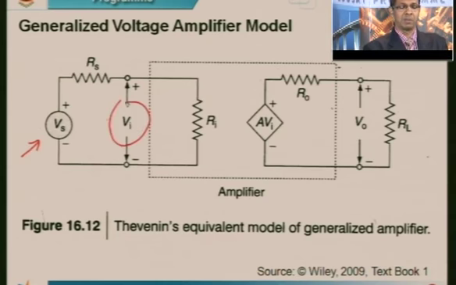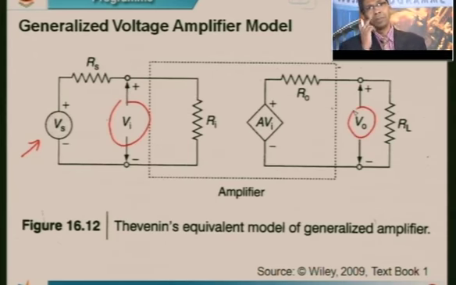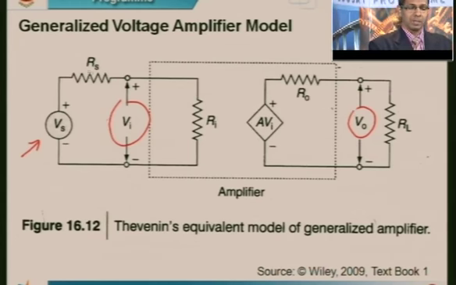This eventually becomes your input to the amplifier, and then you have what we call the output. Now in this Thevenin equivalent model, we basically have only resistances and voltage sources. So what are these resistances and voltage sources? This RS is the impedance of the voltage source that we are going to apply, or the signal source, and RL is the actual load that you are connecting to the output of the amplifier.